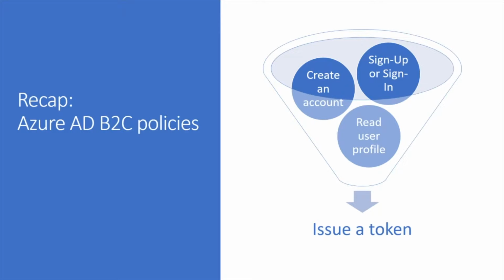Or you can use account-specific credentials known as local accounts. And in the end, your application is going to allow the user to interact with policies configured in your Azure AD B2C tenant configuration, with the goal of having those policy endpoints return several different kinds of tokens to the calling application.